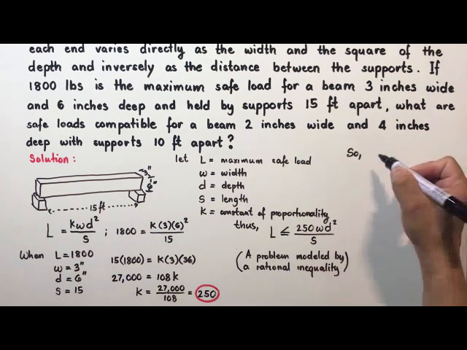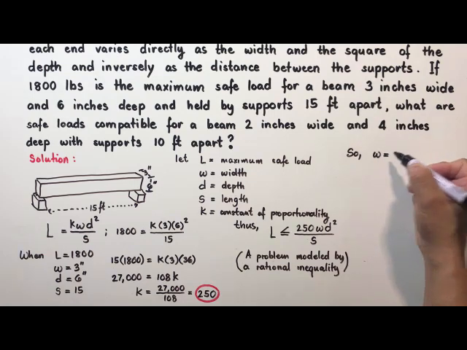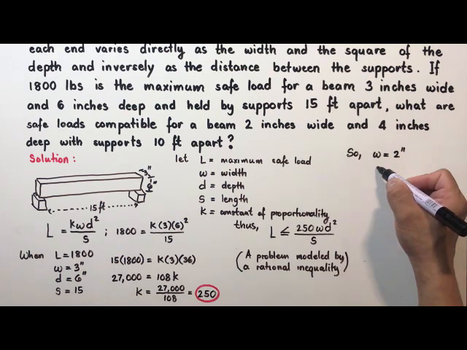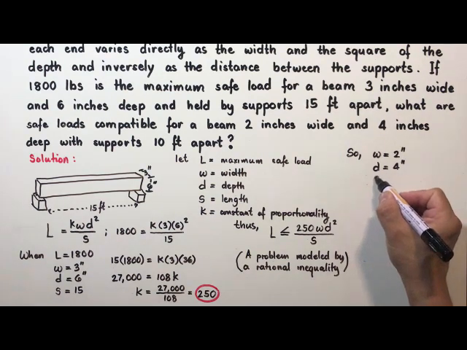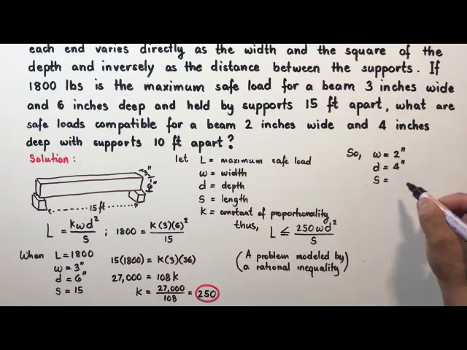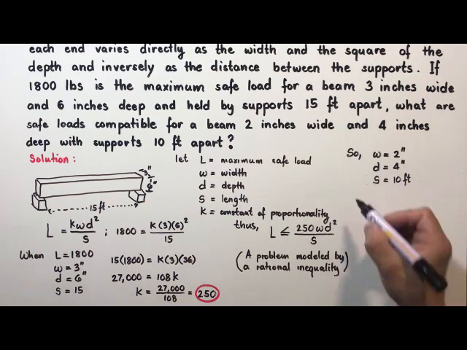So if the beam is having a width of 2 inches and the depth of 4 inches, and also the distance between the two supports, which is 10 feet apart, then I can compute all the loads that are compatible with this beam.